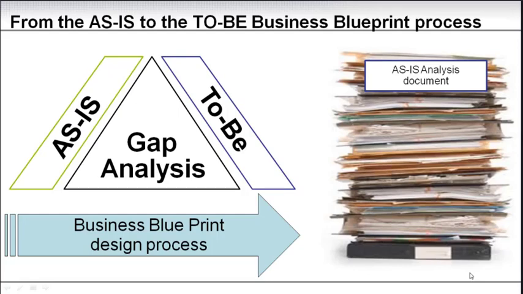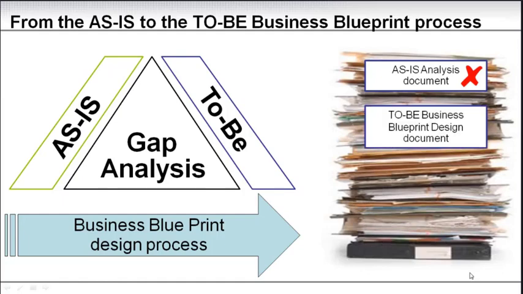Basically, this is a document that describes your current situation. One small note here is that this is not always a formal deliverable. So you might just go through the process, but it will never be more than a working document. This is not required.